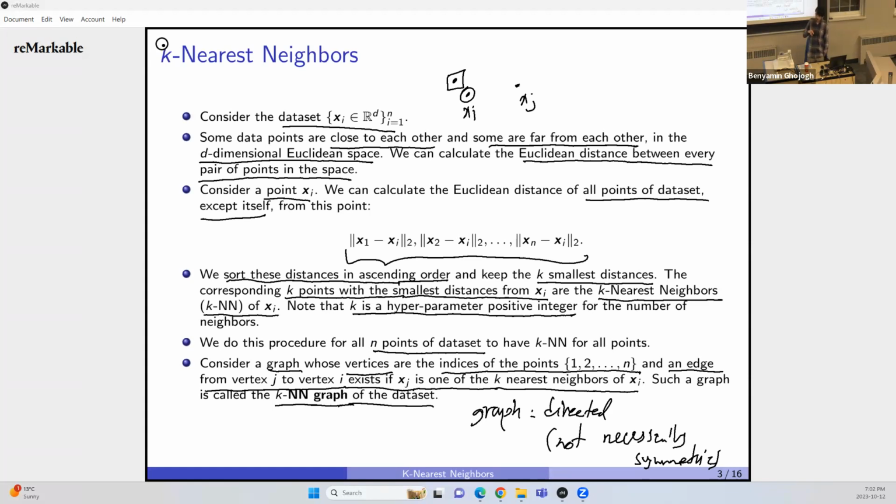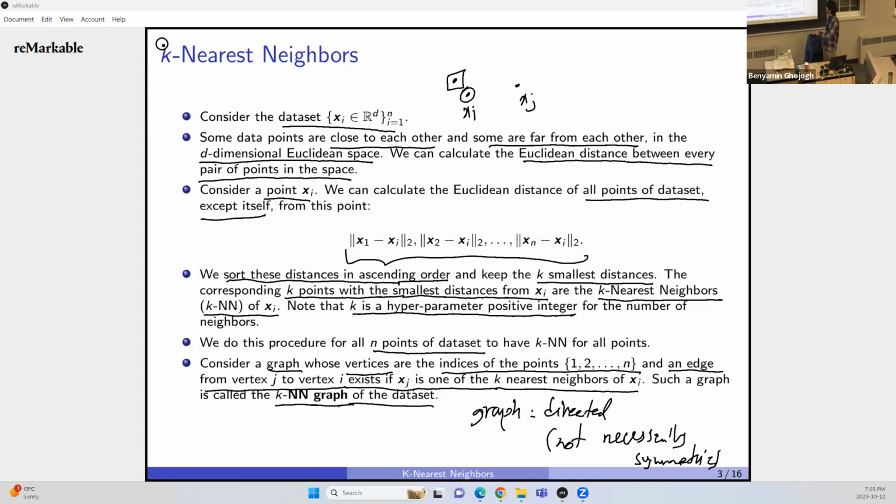Then for each point we sort the distances in ascending order, and we take the k smallest distances for each point.